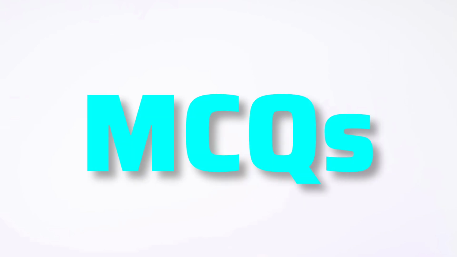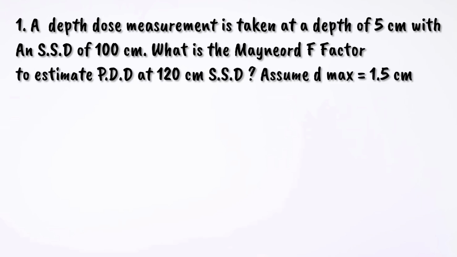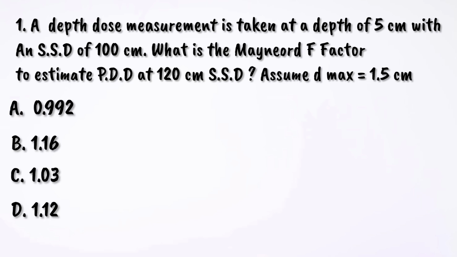Few MCQs related to this topic. A depth dose measurement is taken at a depth of 5 centimeters with an SSD of 100 centimeters. What is the Maynard F factor to estimate PDD at 120 centimeters SSD? You can pause the video and calculate.